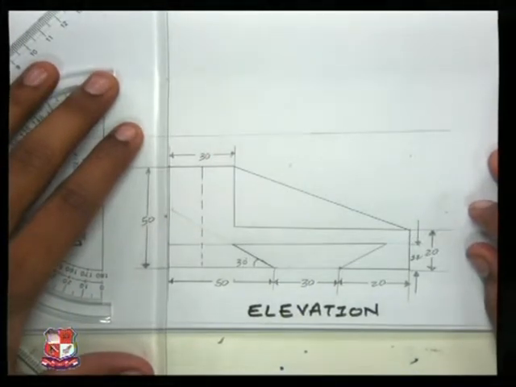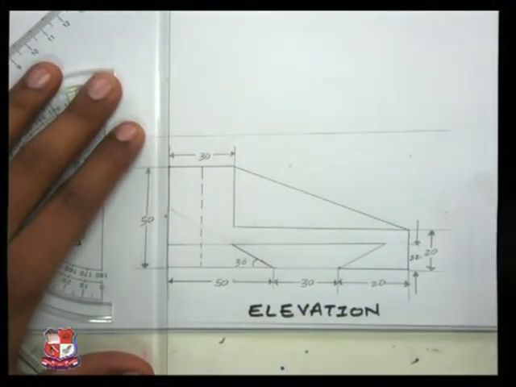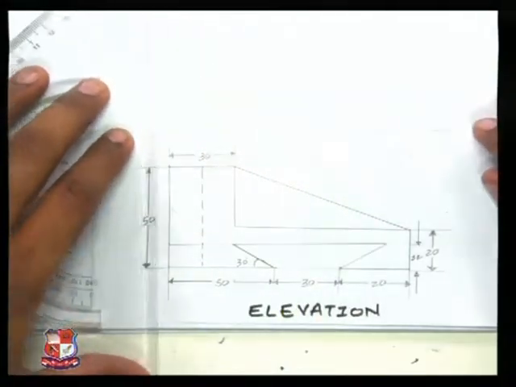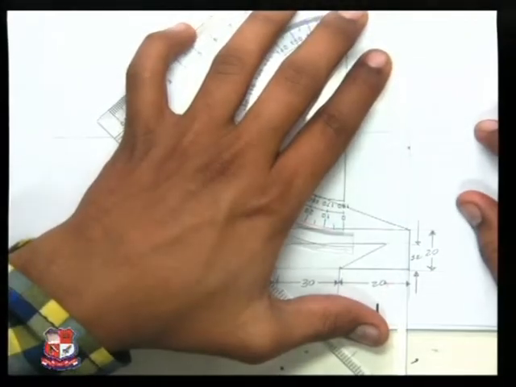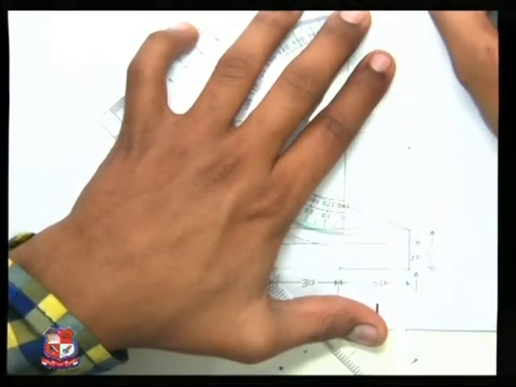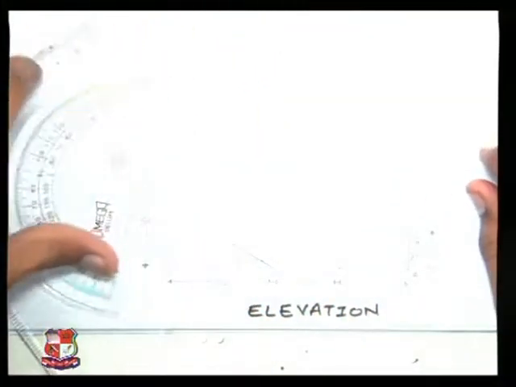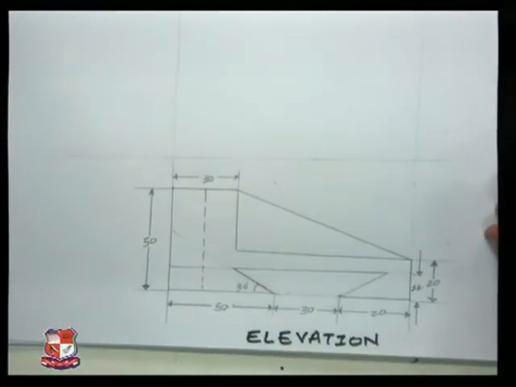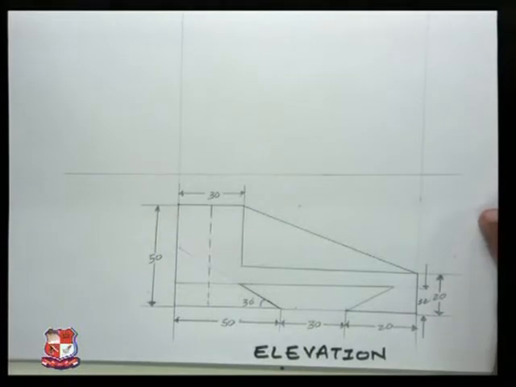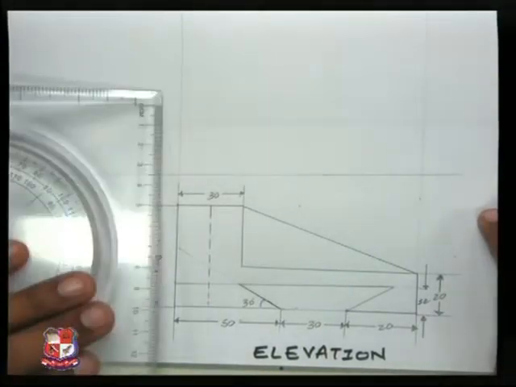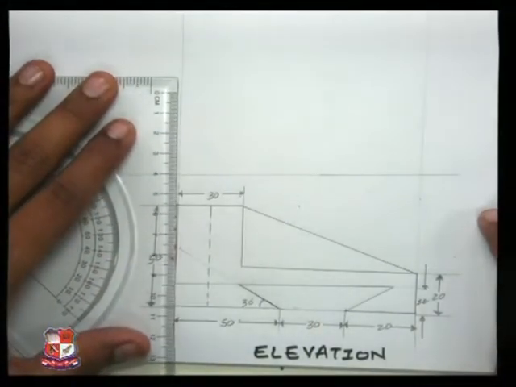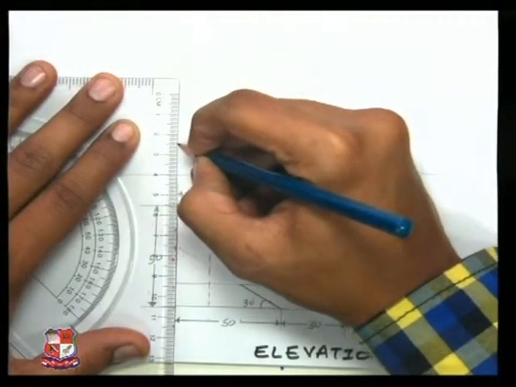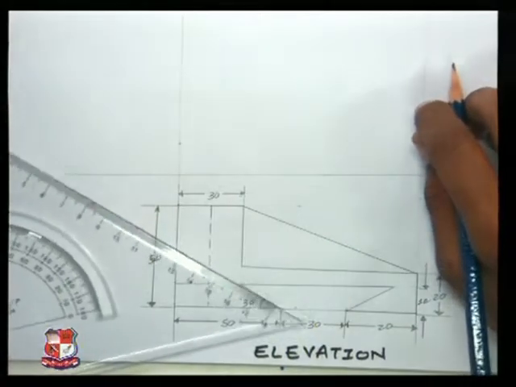First of all, we will take projections from this view itself. I have taken two outer projections from it. Again from the reference line, taking 15 mm distance so that I can give proper dimensioning and give the name to the view.